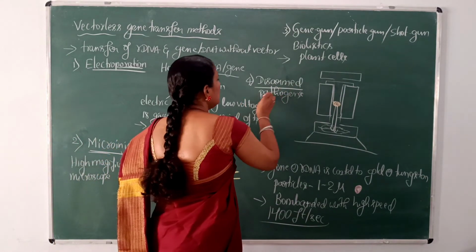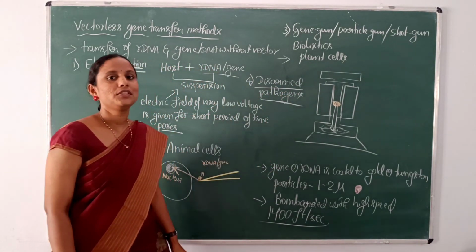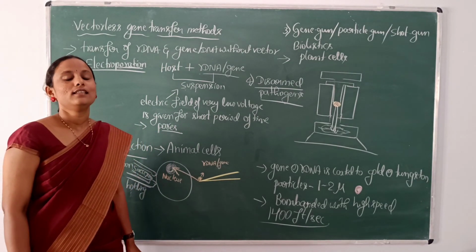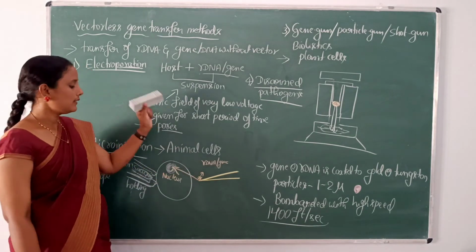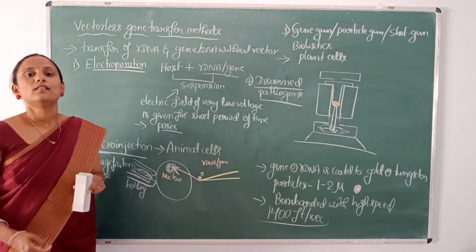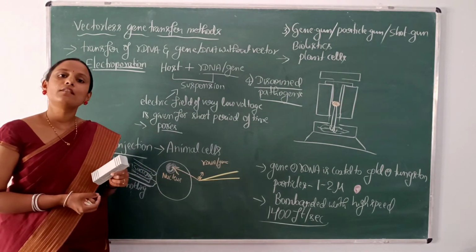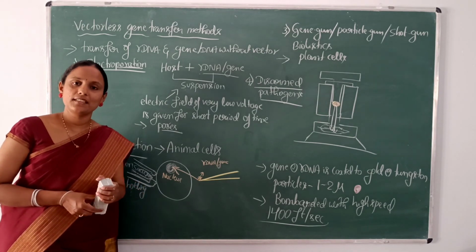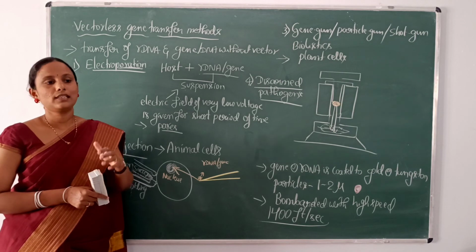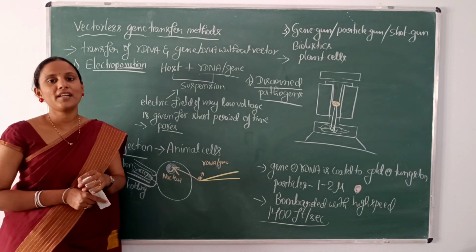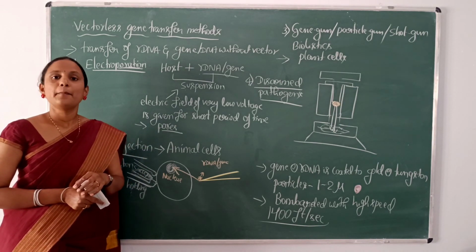So this is the fourth method of gene transfer. Okay, so here is the count of all the types of vectorless gene transfer methods available. And in the next class, let us discuss the next tool in recombinant DNA technology, that is PCR.